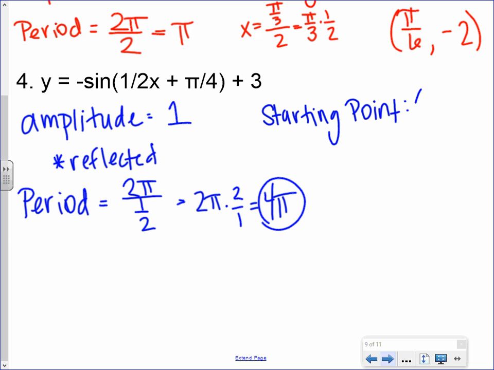So then for our starting point, C over B, comma D, the x coordinates. Marissa, help me out. Pi over 4 divided by 1/2. Which is what?